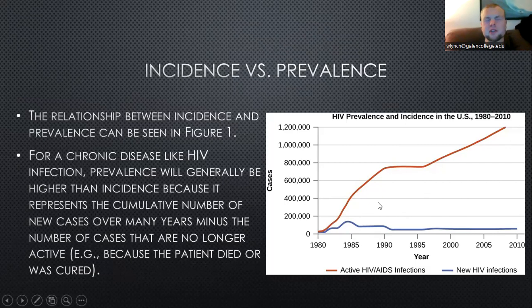The prevalence, however, is going to continue to rise as long as there are new infections. So for a chronic disease like HIV, the prevalence is generally going to be higher over time because it's representative of the total number of cases that happen over many years of that disease. Whereas the incidence is simply happening over the previous year and then it restarts at the beginning of the next year.